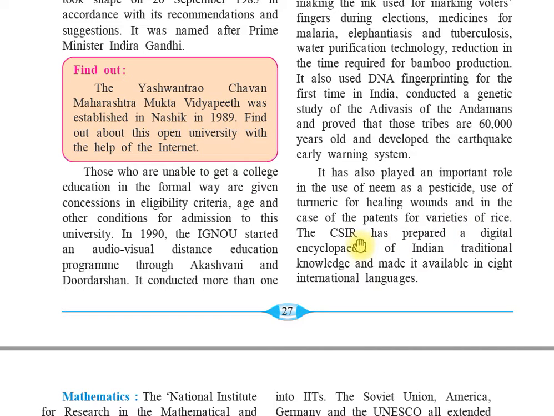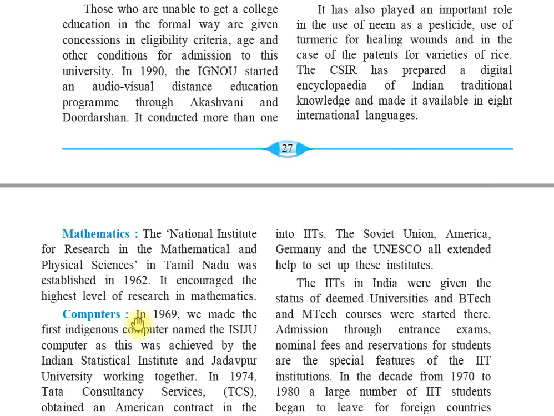The CSIR has prepared a digital encyclopedia of Indian traditional knowledge and made it available in 8 international languages. An encyclopedia is a set of books of various information which has been preserved.